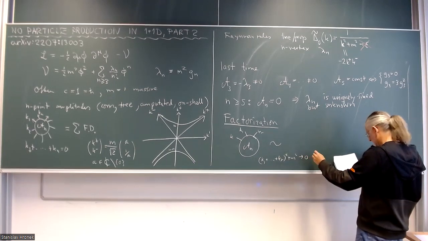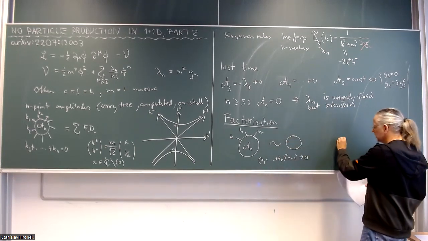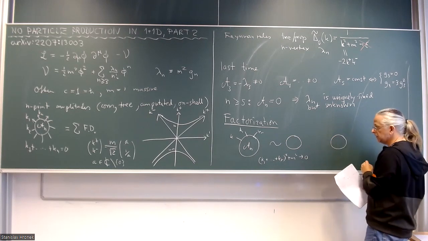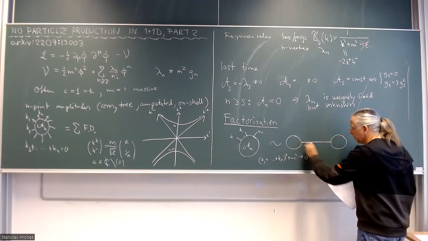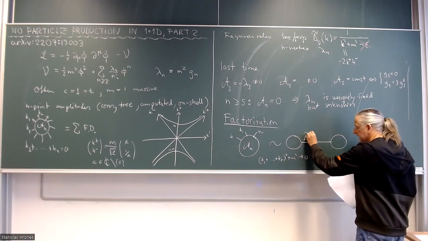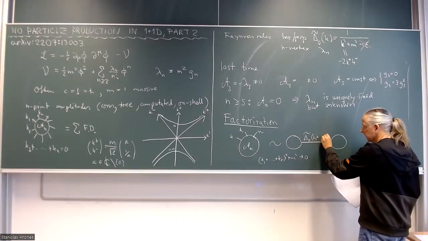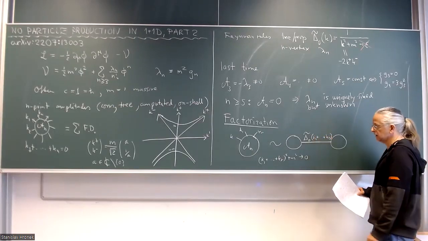Then it turns out that the amplitude factorizes into two sub-amplitudes, and then a propagator, which is precisely this propagator of K1 plus up to Kr there.